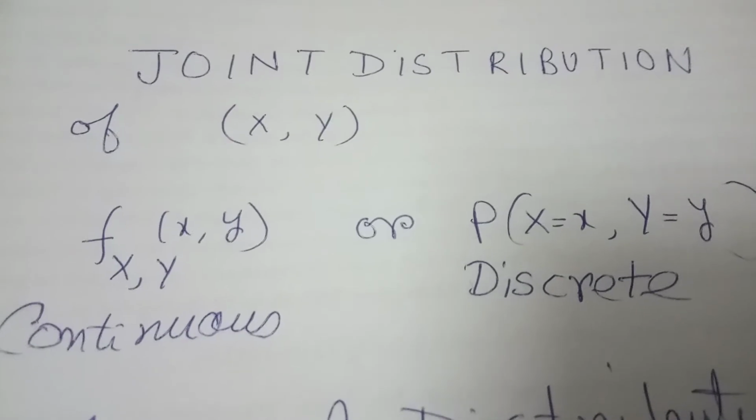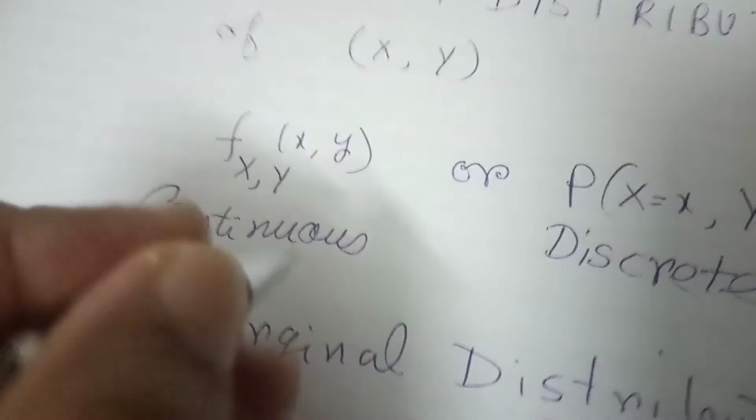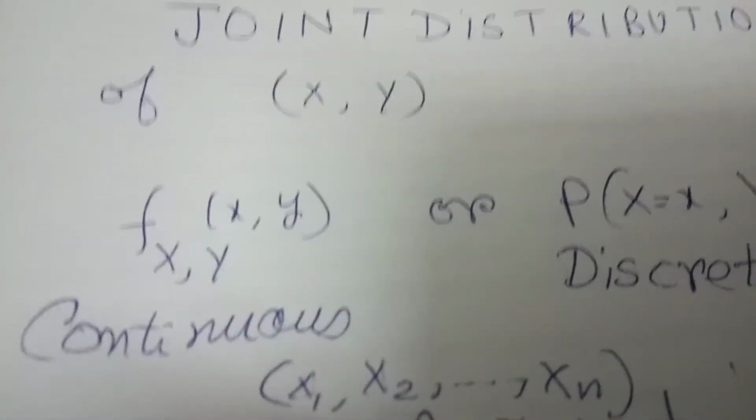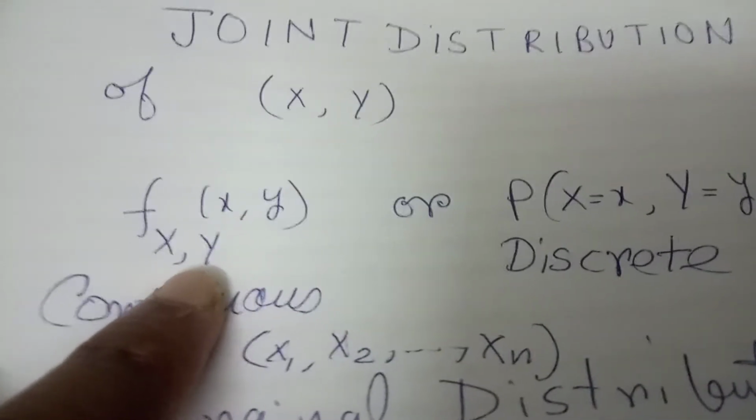Now for simplicity, I am mentioning two. You could also talk about the joint distribution of several random variables together. For example, you could talk about the joint distribution of X1, X2, ..., Xn. Of course, in that case, this will be a function of how many variables?